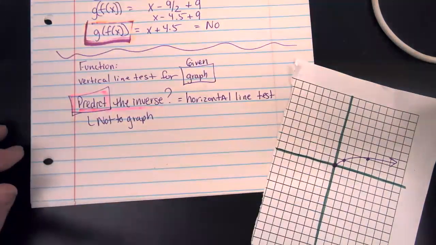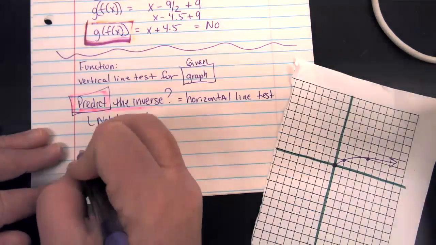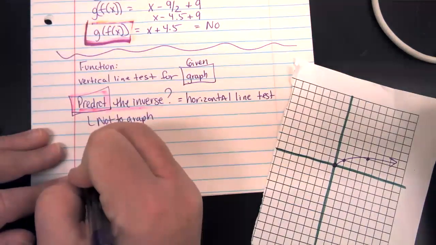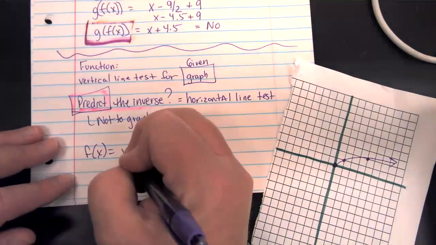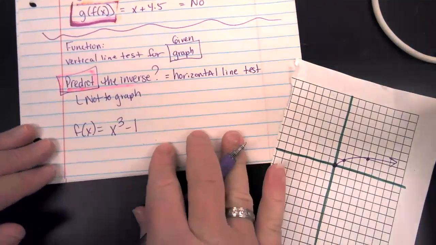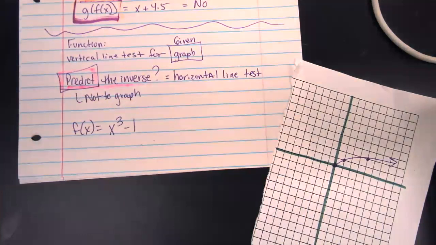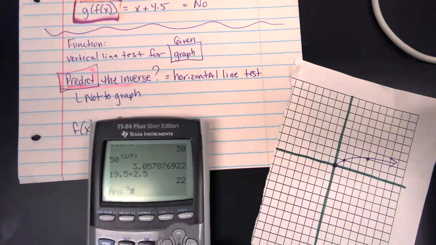So let me do a problem with you right here, okay? So if I have f of x is x cubed minus 1, the first thing I want to do is predict whether or not the inverse of this is going to be a function. So here's what I'm going to do.